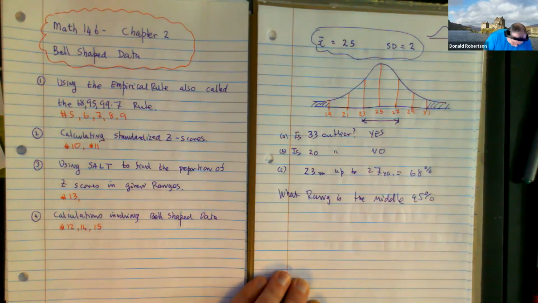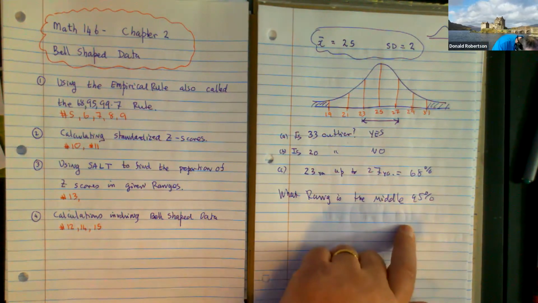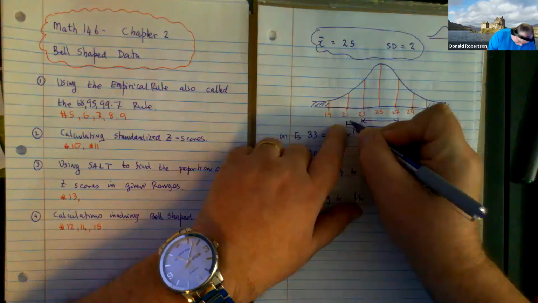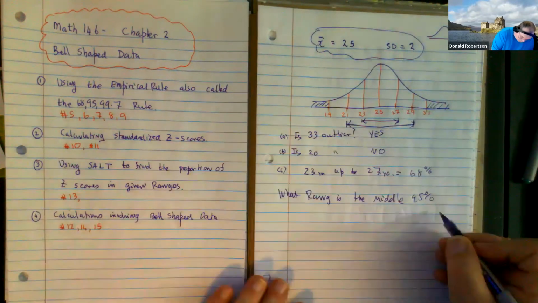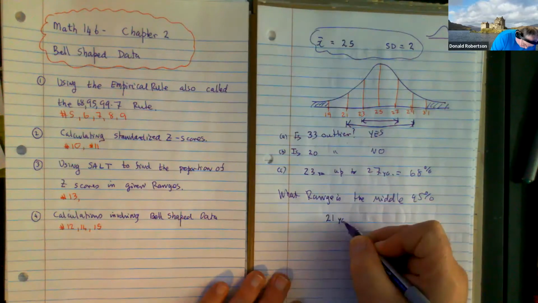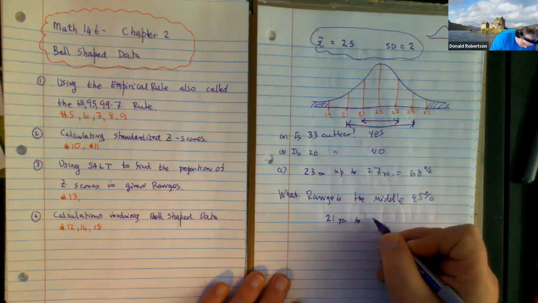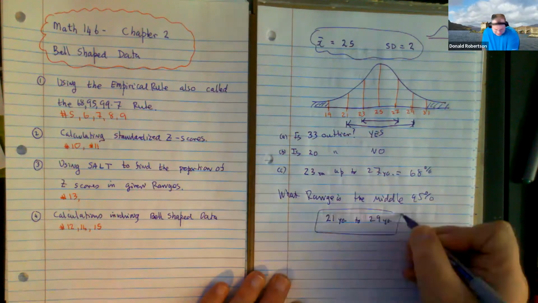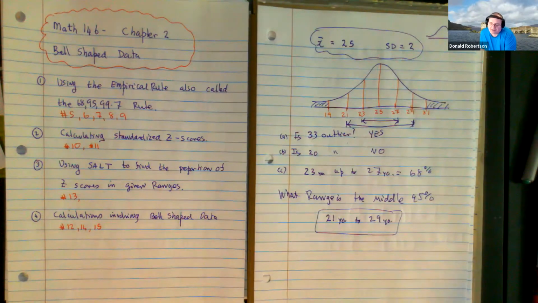Well, 95%, doesn't that mean 2 standard deviations away from the mean? And so your answer, if I asked it that way, what range is that? You would say it's from 21-year-olds to 29-year-olds. So that would be the typical middle 95% of all ages, at least of this case here.